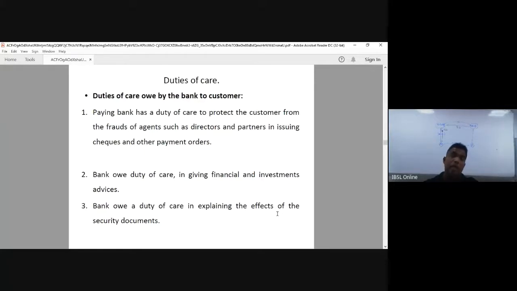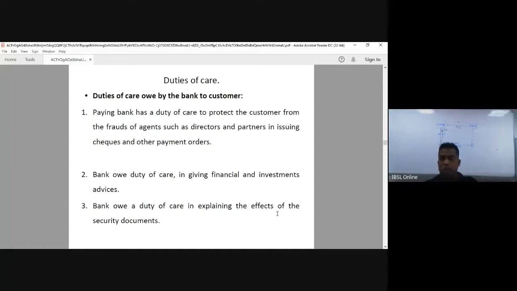Therefore, they can't explain the documents to the customer because they don't know. For example, if I ask the audience what is the difference between the indemnity and the personal guarantee, I'm sure none of you knows that, right? But you are supposed to explain that to the customer.